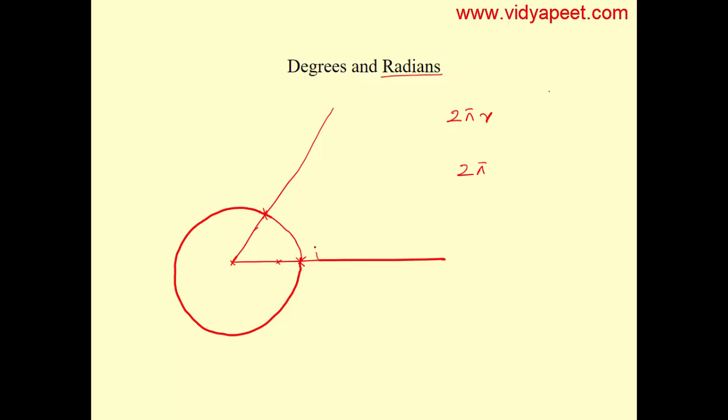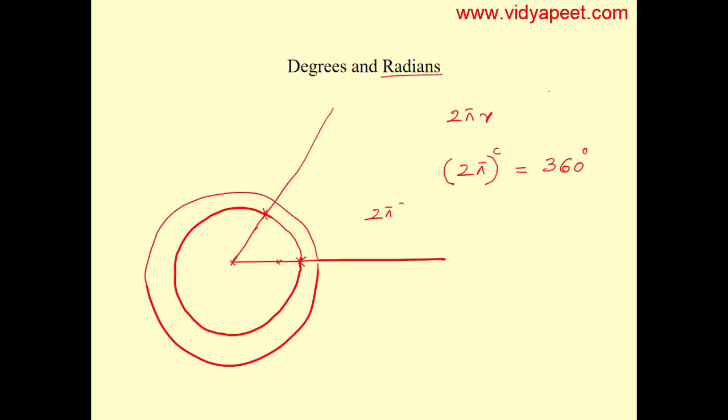The corresponding angle in degrees will be nothing but 360 degrees. You know that. So you can say 2 pi equal to 360 degrees. For the arc length, the corresponding angle is called radians. So I can say 2 pi radians equal to 360 degrees, or 1 radian equal to 360 divided by 2 pi degrees, and 1 degree is nothing but 2 pi divided by 360 radians.